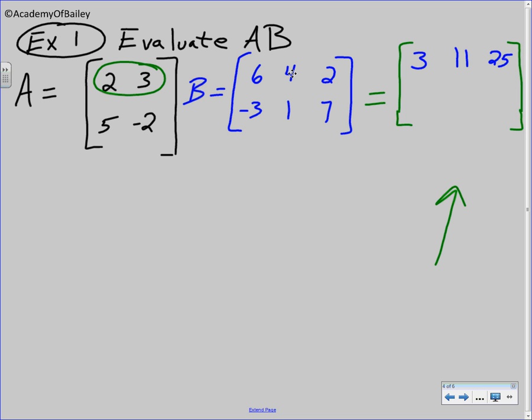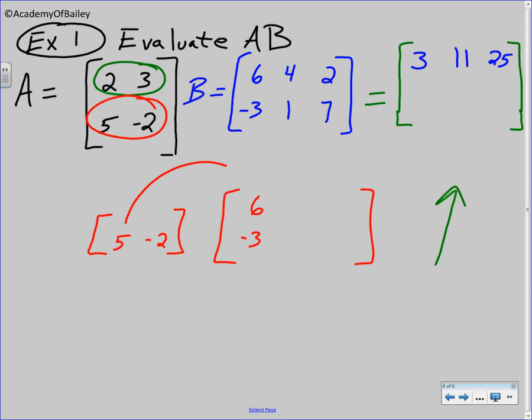And now let's look at the bottom. So we have 5 and negative 2 on the bottom. And we're going to deal with the 6, negative 3 first. So 5 multiplied by the 6, negative 2 multiplied by the negative 3.